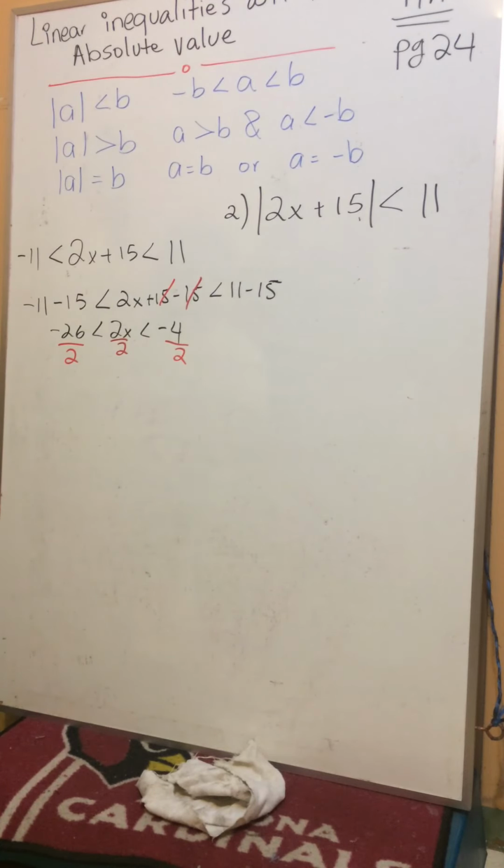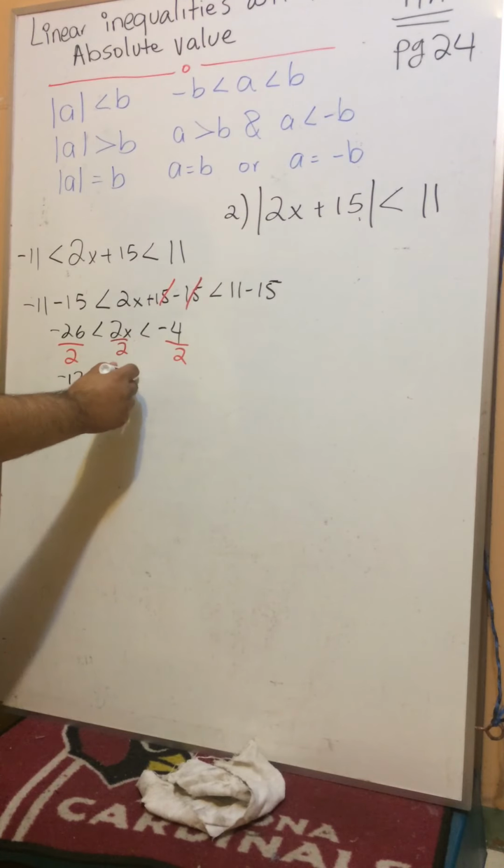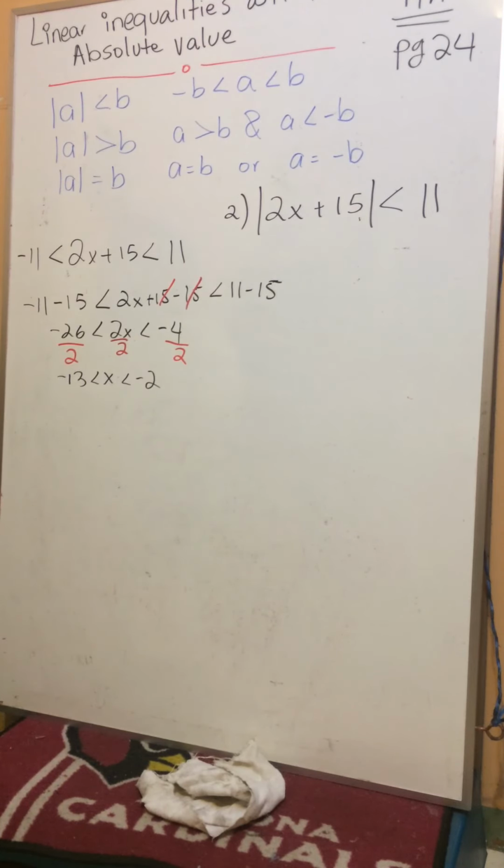What we do on one side, we have to do on every side. So we have minus 13 less than x less than minus 2. Here we have the solution for this inequality.